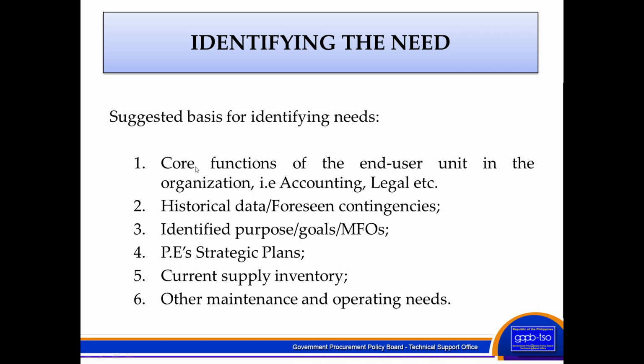Like for example, in a state university, a college may need certain facilities like classrooms, laboratories, and other related facilities that are relevant to the curriculum. Or another example is a registrar's office that needs an enrollment system that is feasible to fast track the enrollment process.